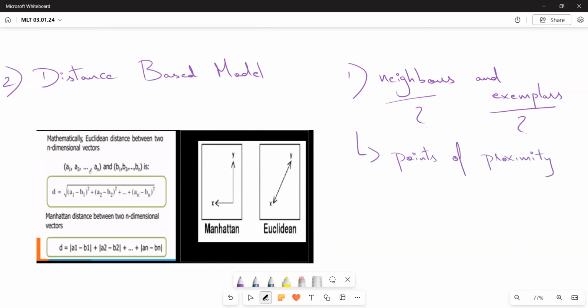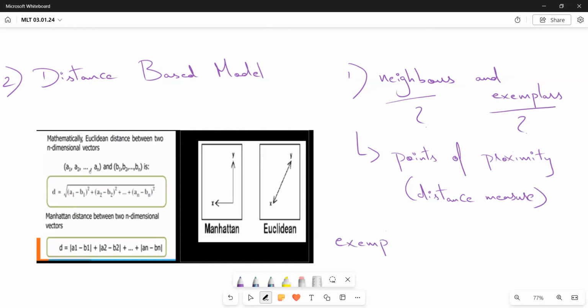Points of proximity, okay. They are going to help you with trying to find the distance measure. And the next one is exemplars.